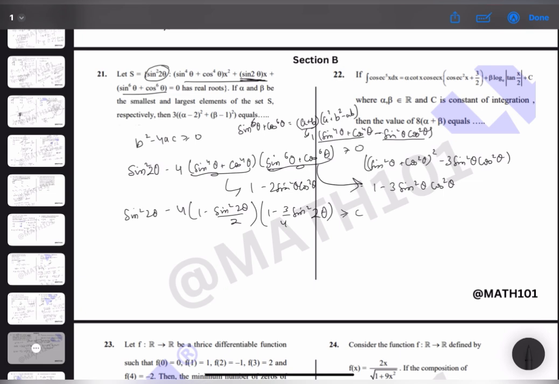This should be greater than or equals to 0. So sin square 2 theta minus 2 minus sin square 2 theta into 1 minus 3 by 4 sin square 2 theta.